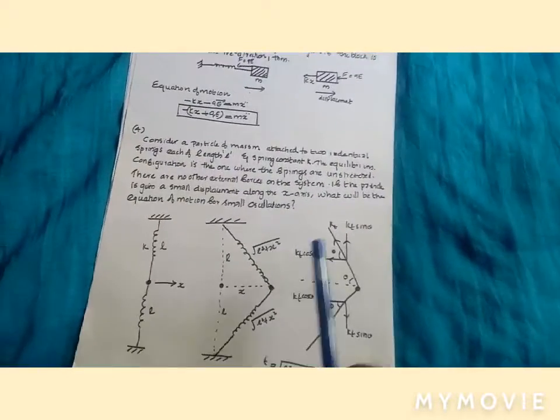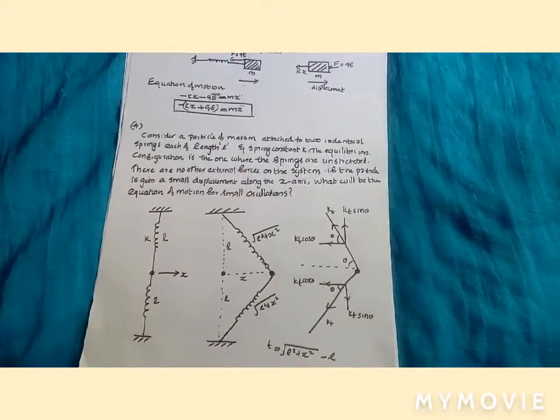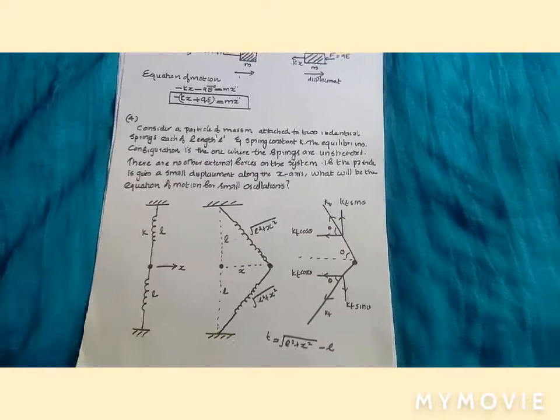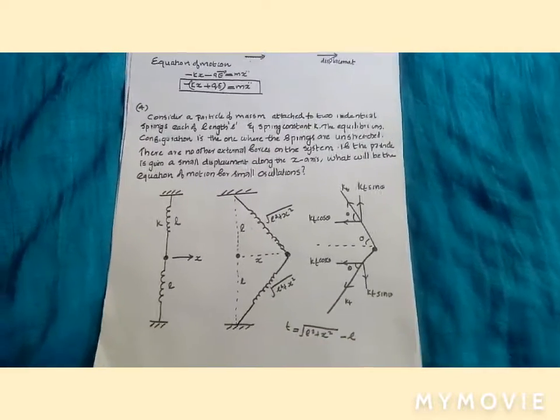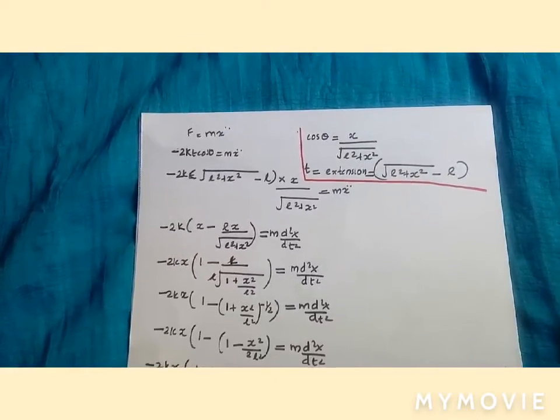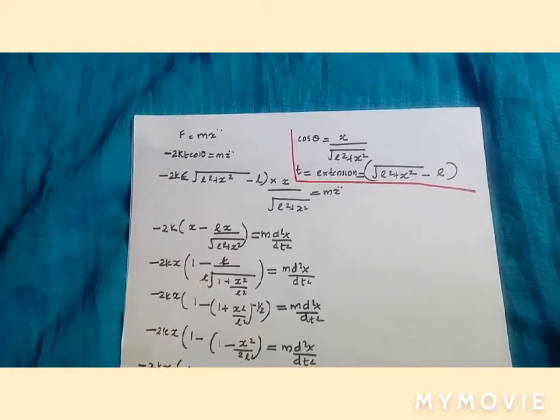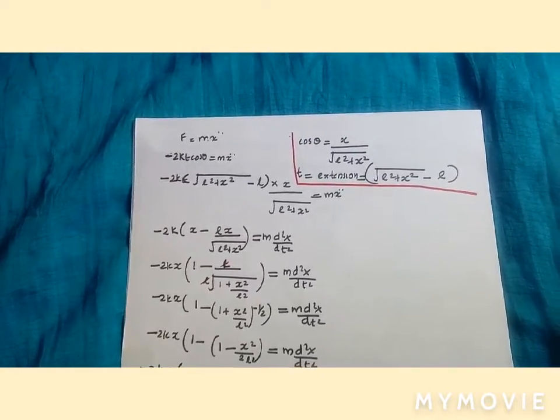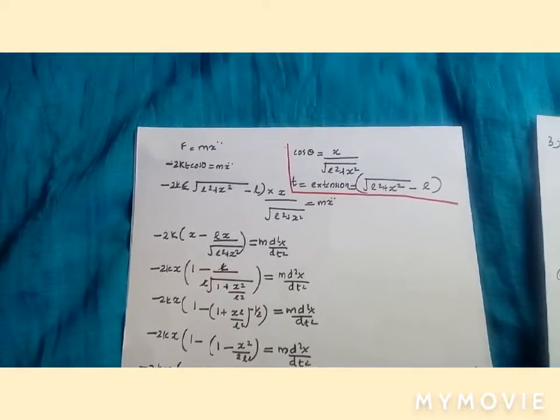Kt cos theta and kt cos theta are in the same direction, so they give a force opposite to the displacement. So the equation of motion will be F is equal to m x double dot, with two forces, that is minus 2kt cos theta is equal to m x double dot.